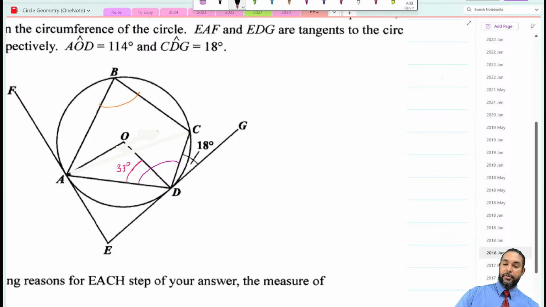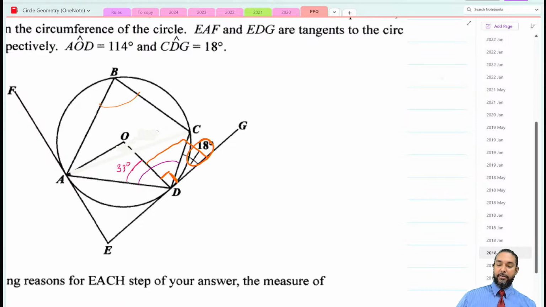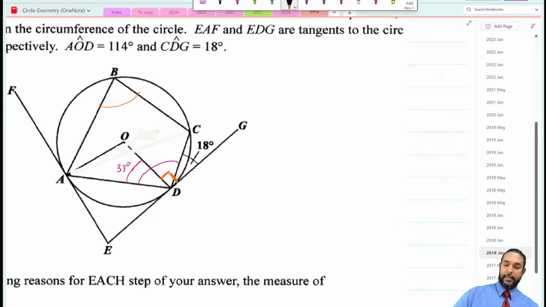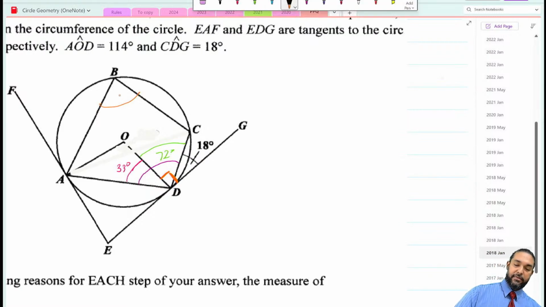Then this is a radius, and there's a tangent down here, and the angle here is 90 degrees, with one portion being 18 degrees. To find the remaining portion, we subtract 18 from 90 and get 72 degrees. 72 plus 33 is 105. 105 from 180 gives us 75 degrees.